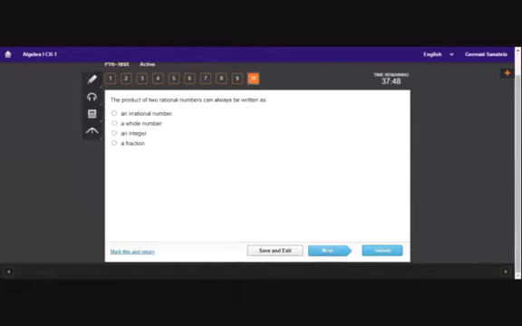The product of two rational numbers can always be written as a fraction, right? A fraction, because it's also a rational number. Yes. Wouldn't it be a whole number too? Not every time, because it says always. Oh, okay. So like if you did 1/2 times 1/2, you multiply straight across the top, straight across the bottom.